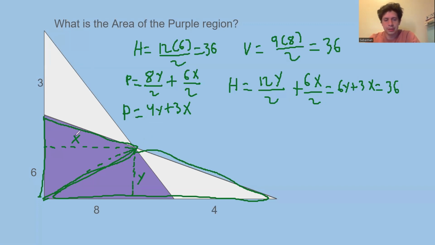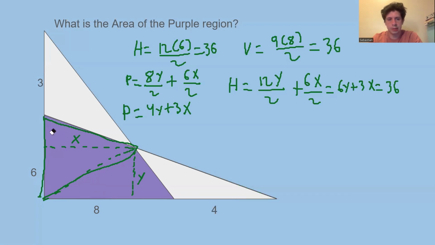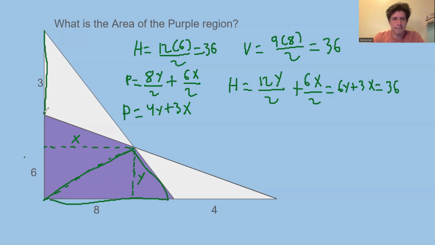And let's do the vertical. I'm going to erase these triangles to just focus on the vertical. So it's bye-bye to that, bye-bye to that, bye-bye to that. Now the vertical is going to be this small triangle, and then this big triangle here. And it's going to be the same idea as before.